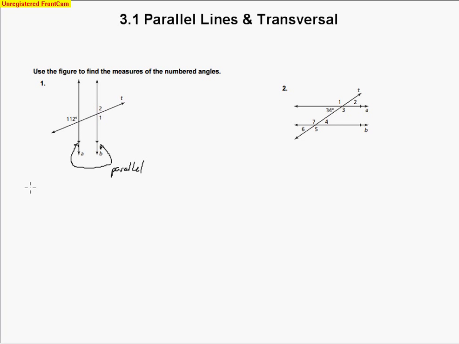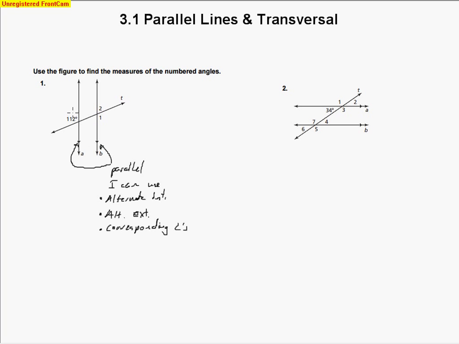I can use alternate interior, I can use alternate exterior angles, I can use corresponding angles. So once I know those angles are the same, then I can end up using one of these 3 ways of finding out other angles.